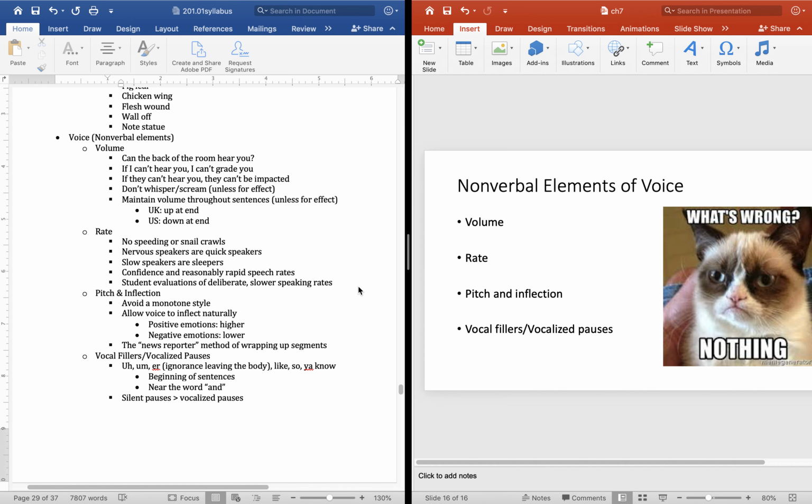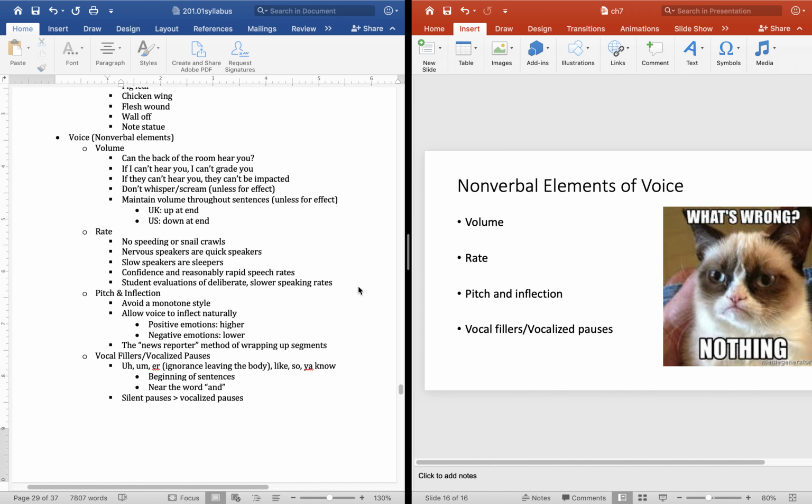We did the example, if you watched the intro speech, where we talked about you being with a significant other and asking what's wrong and the answer being nothing. Well, if you don't pay attention to volume, rate, pitch, inflection, that kind of stuff, with how someone says, no, nothing's wrong, you're not going to be in that relationship very long because you're not reading the symbols, the signs.